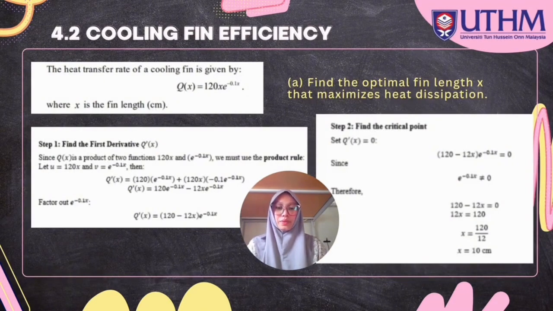Next, move negative 12x to the right hand side, giving the equation 12x equals 120. Then, to get x, we divide by 12, so it becomes 120 divided by 12, which is equal to 10. Therefore, x is equal to 10 centimeters.